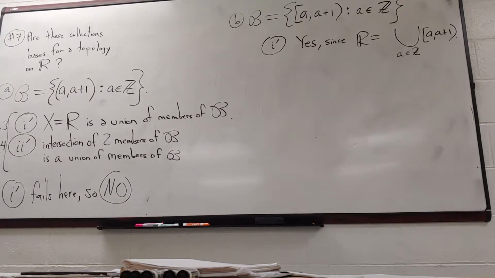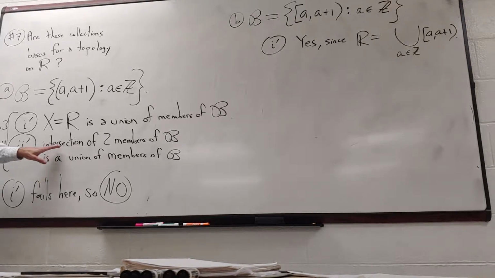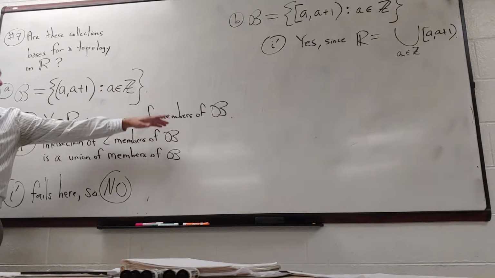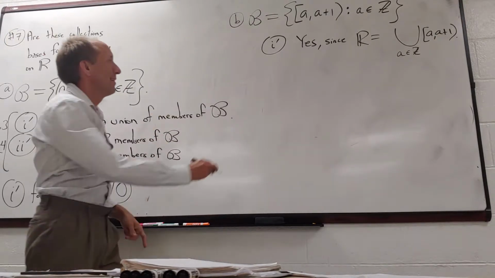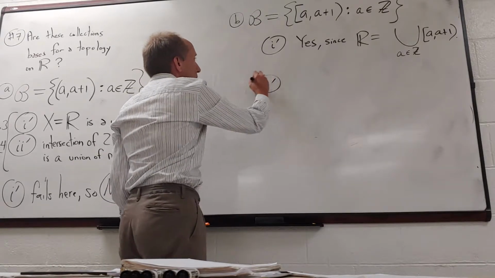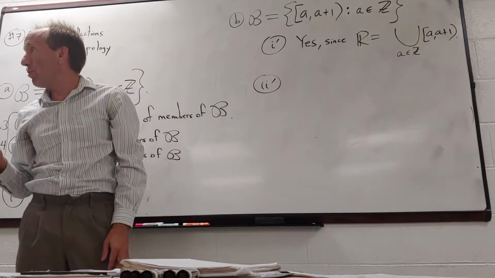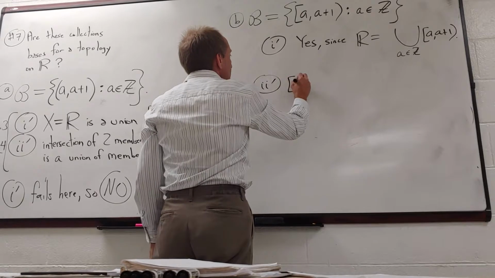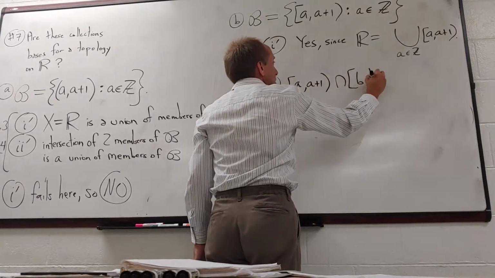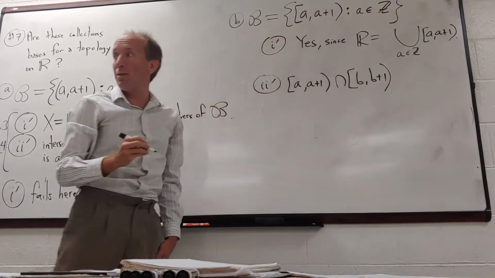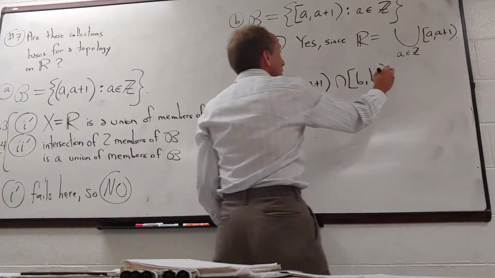What about the second part of it? If you intersect two of those together, what are you going to get? As long as they're two different intervals, you intersect them, you're going to get the empty set, right? So A to A plus 1 intersected with B to B plus 1, if we intersect two things like that, it's going to be empty.